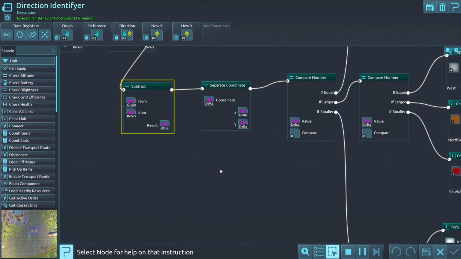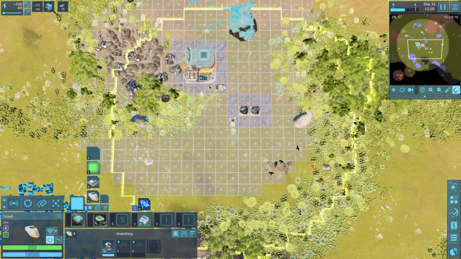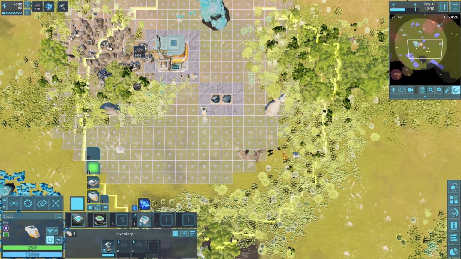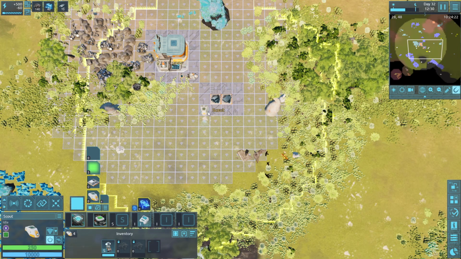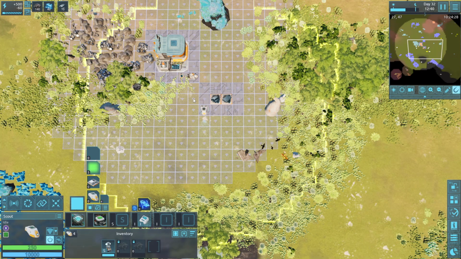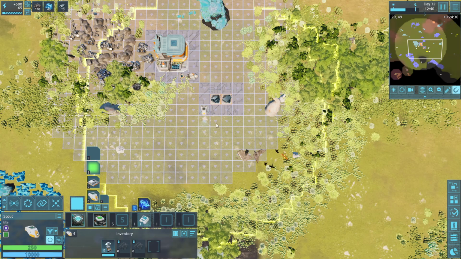So we have to remember, if we go back here, we know that going up and left are negative numbers, right? We're subtracting. So we start here at 2848. If we go up and left one, we get 2747. If we go down and right one, we get 2949.